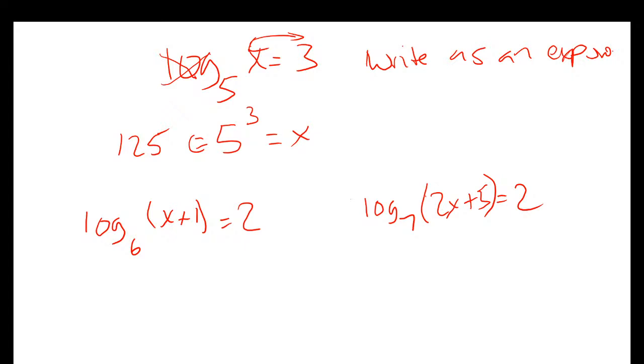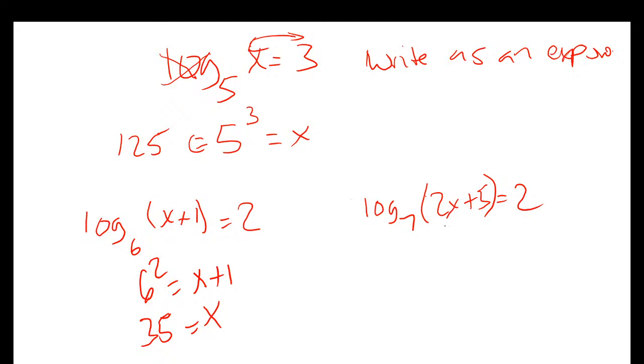Jan, you got it? Yes, sir. All right, what'd you get for the first one? For the first one, I got 6 to the power of 2 equals x plus 1. So you got 6 squared equals x plus 1, and x is equal to 35. Is that right? Yes, sir.